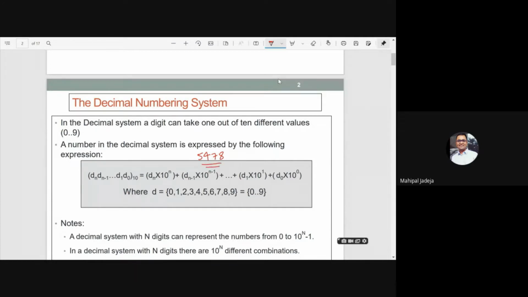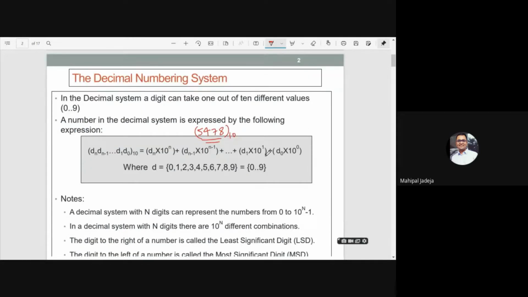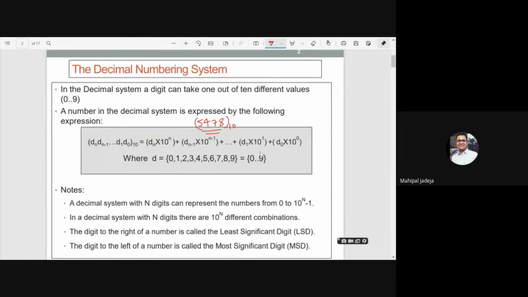how to represent this number, and again I am considering base 10. What is the meaning of this base 10? We need to understand what is the meaning of base first. Whenever I am talking about any numbering system, the base will tell us which digits are allowed. For example, whenever I say that I am talking about base 10, that means digits from 0 to 9 are allowed.